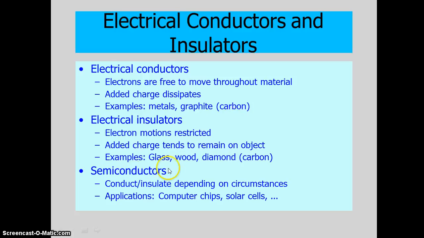And then there's a semiconductor. The element silicon and germanium are really good examples, where the atom can be forced to act either like a conductor or like an insulator, and those are used all the time nowadays in modern electronics.